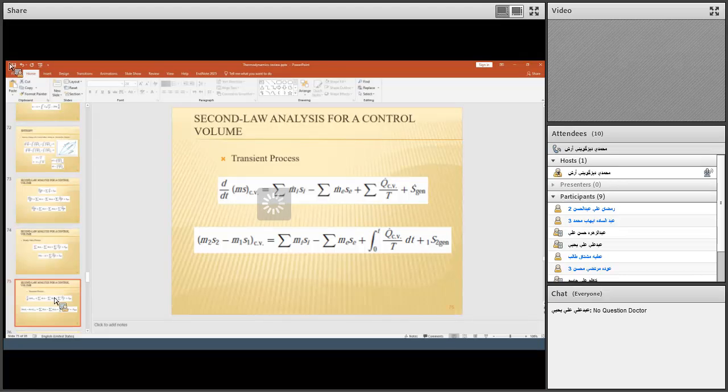So mass at state 2 times entropy at state 2 minus mass at state 1 times entropy at state 1 inside the control volume equals the mass of inlet or inlets times entropy at inlet or inlets, minus the mass of the system at outlets times entropy at outlet or exit, plus the integral of rate of heat transfer divided by T dt plus entropy generation between state 1 and 2.